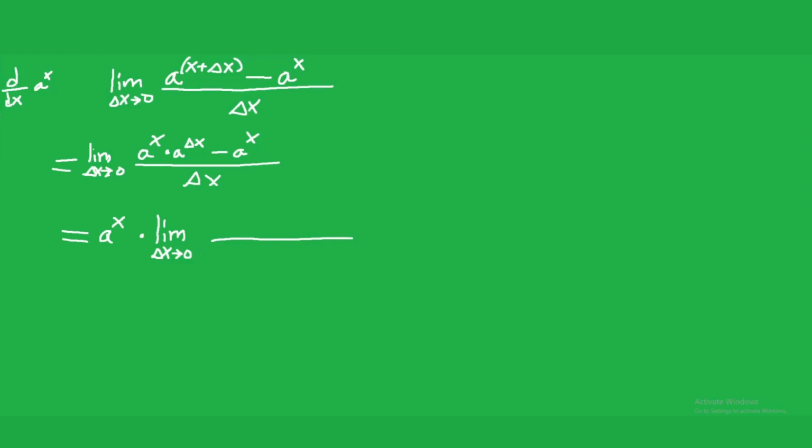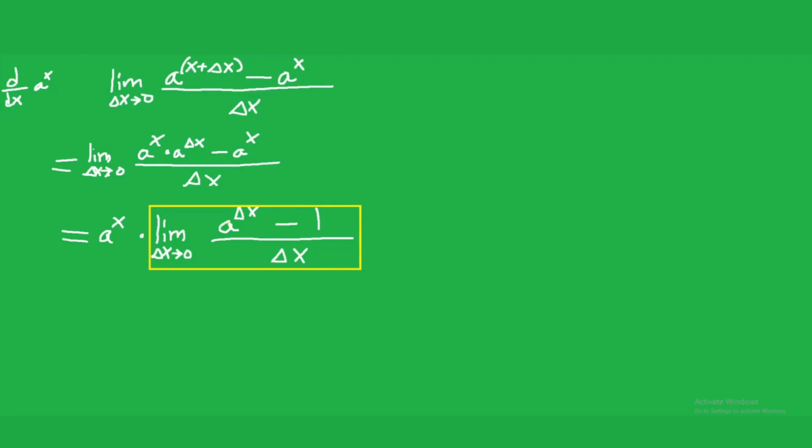of the inside part, which is a to the delta x minus 1, over delta x. Now, a key takeaway is that this limit is actually a constant depending on the base a.